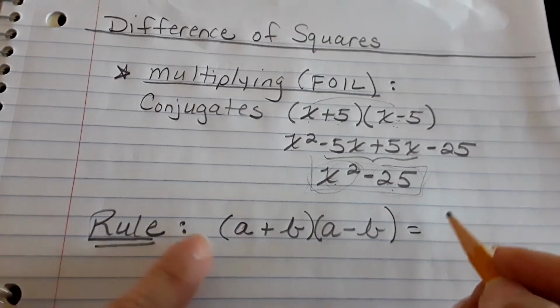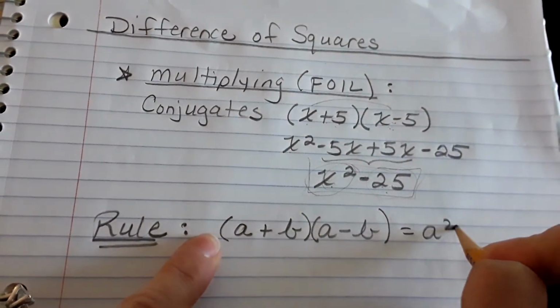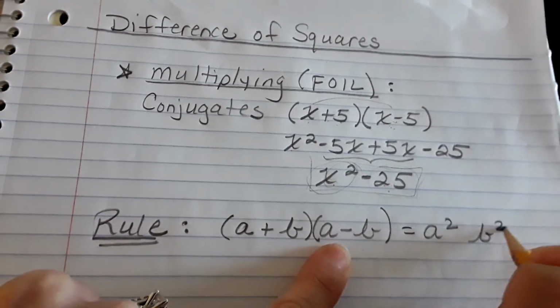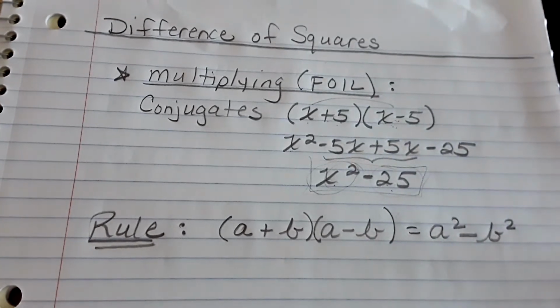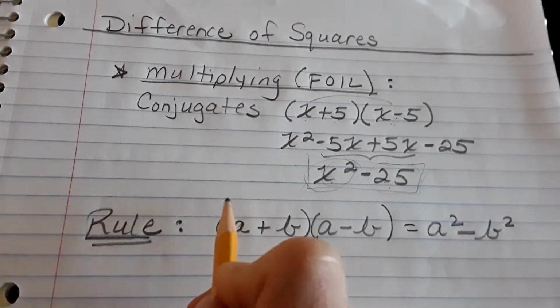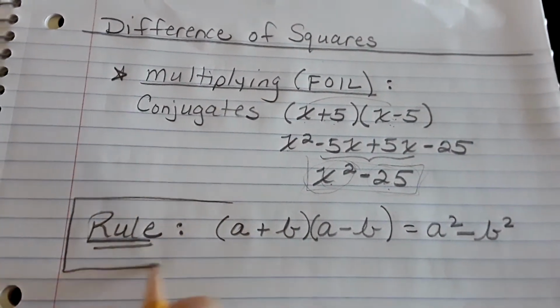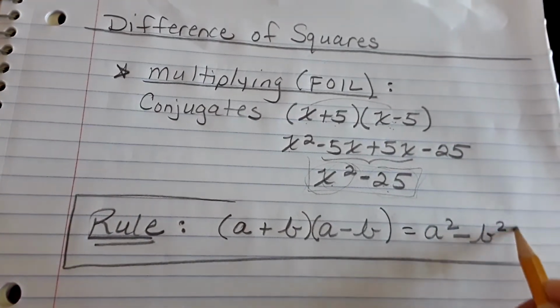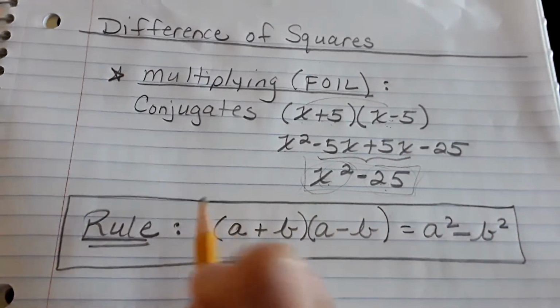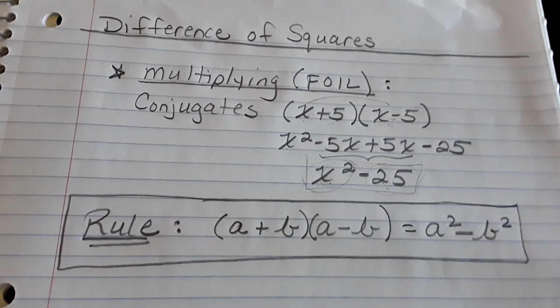So your shortcut would be take the a and square it, take the b and square it, and it's a subtraction in between. So in homework today, you can practice that shortcut, but when in doubt, FOIL it out. Go through all FOIL steps.